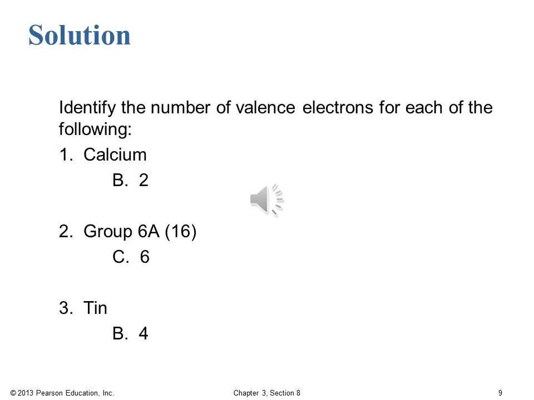For number 2, anything in group 6A or group 16, in the previous learning check we had oxygen, which is a group 6A element, and we saw that it had 6 valence electrons, so this time 6 was choice C, and that holds for any member of group 6A or group 16 in terms of their valence electron count. And finally, tin, which is in group 4A or group 14, we would expect B, 4 valence electrons. Hopefully you're getting the hang of this. We've got one more learning check and then we'll move on.